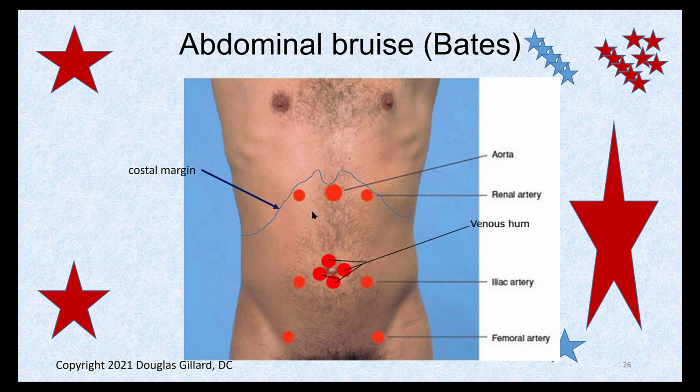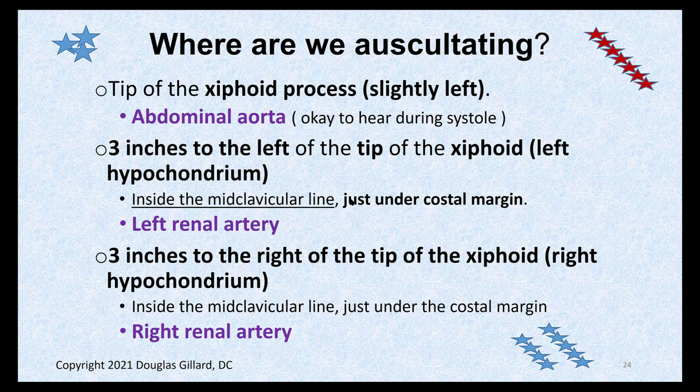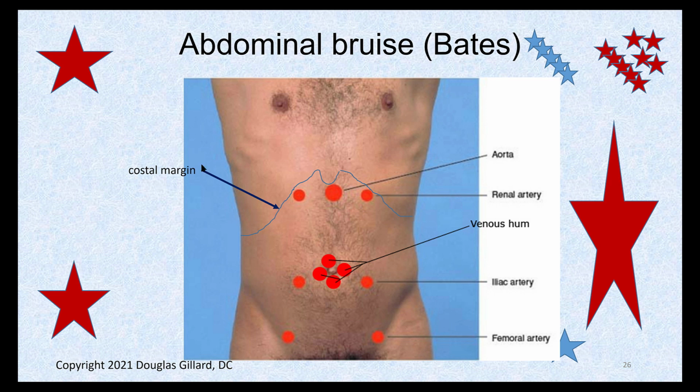If I say find the renal arteries, you go out about 3 centimeters. Oh, let's see, what did we say here? Or 3 inches. I always forget if it's inches or centimeters. You go out 3 inches from the tip of the xiphoid. So 3 inches out. Okay, you're not quite in the midline.